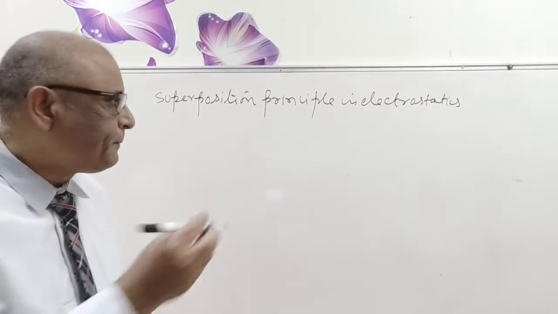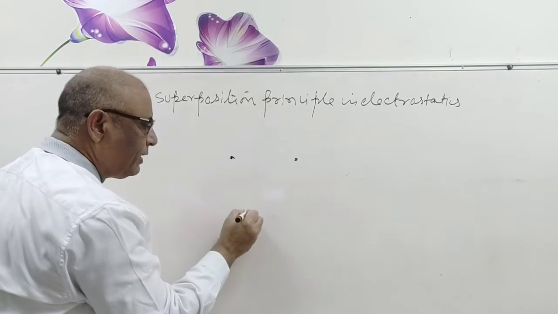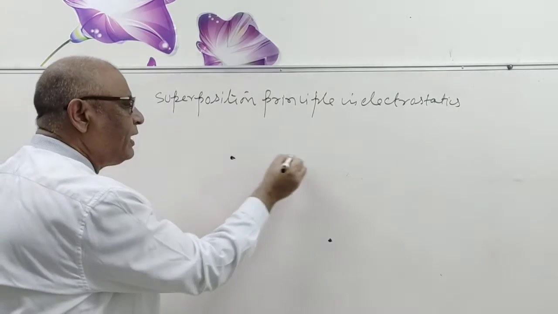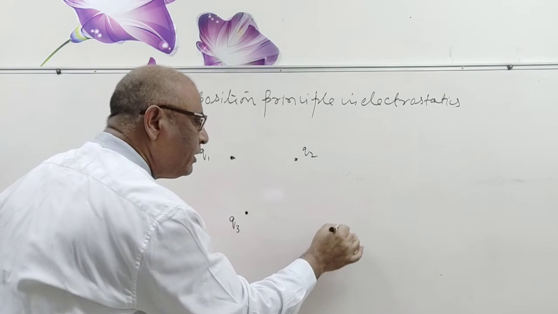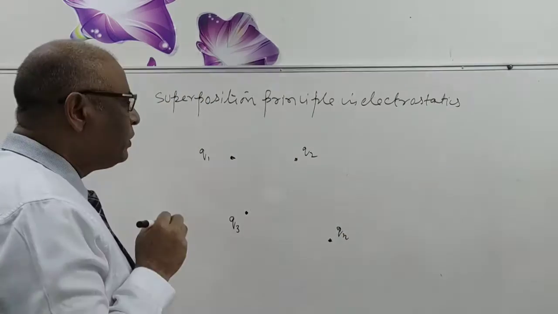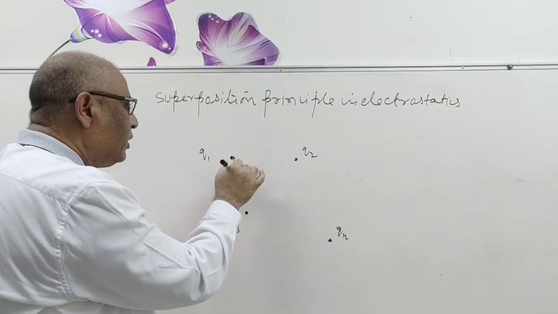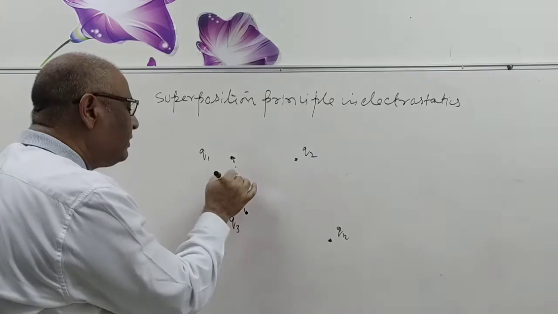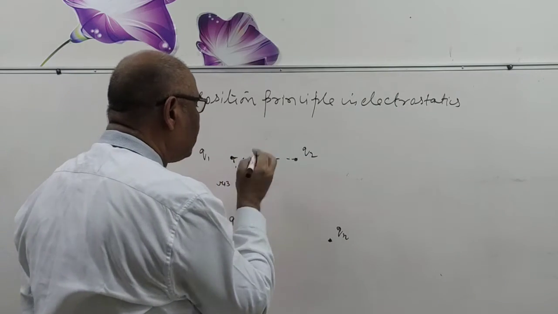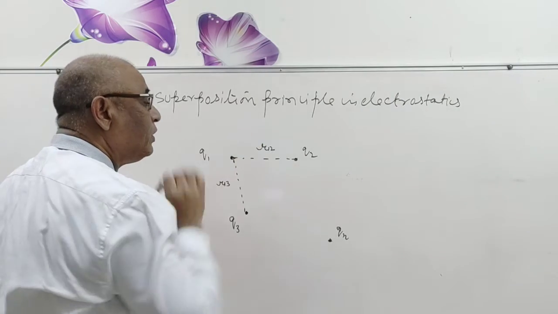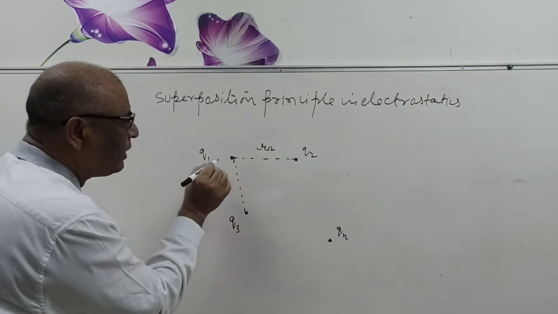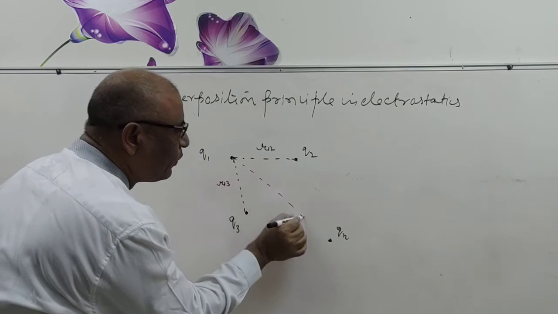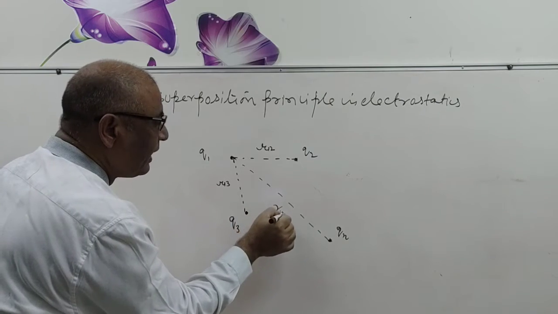When I explain with a diagram, you can understand better. Suppose there are 4 charges, all positive: Q1, Q2, Q3 and Qn. The distance between Q1 and Q3 is R13, the distance between Q1 and Q2 is R12, and the distance between Q1 and Qn is R1n.